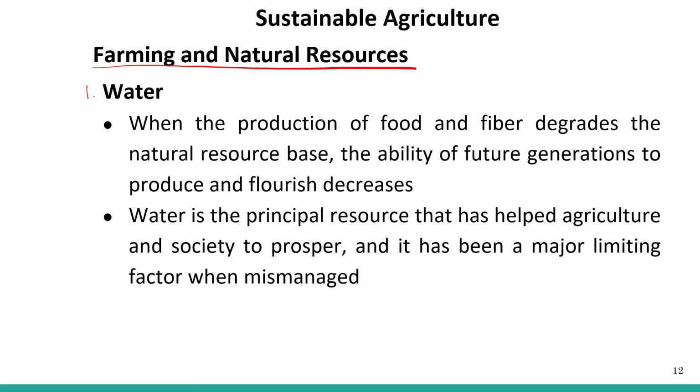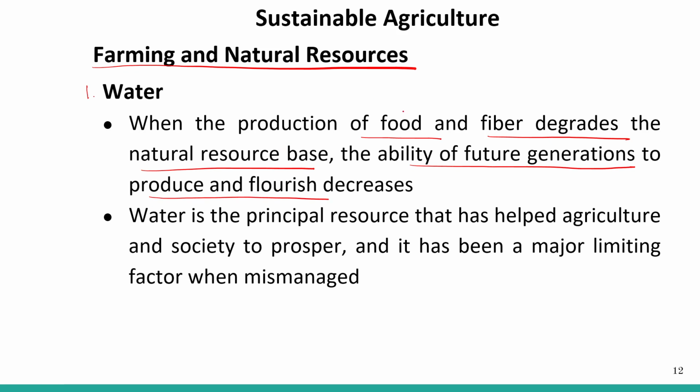We discussed in the previous slide that water and soil are of prime importance for sustainable agriculture. When the production of food and fiber degrades the natural resource base, the ability of future generations to produce and flourish decreases. Okay, so water is very, very important.